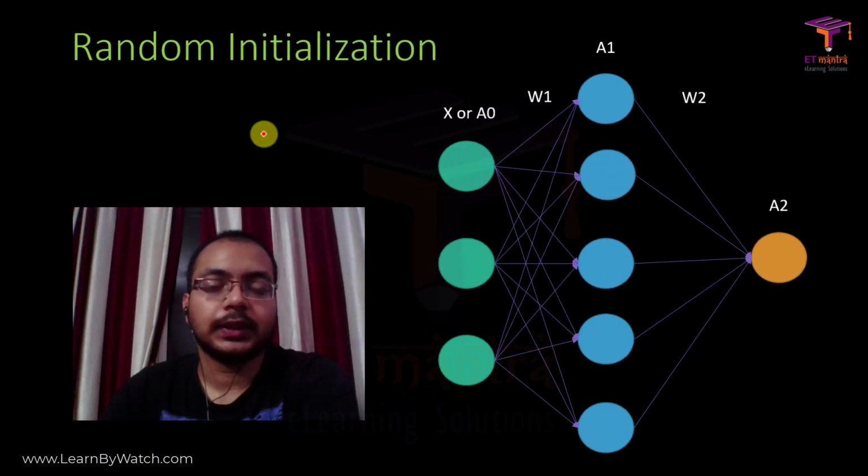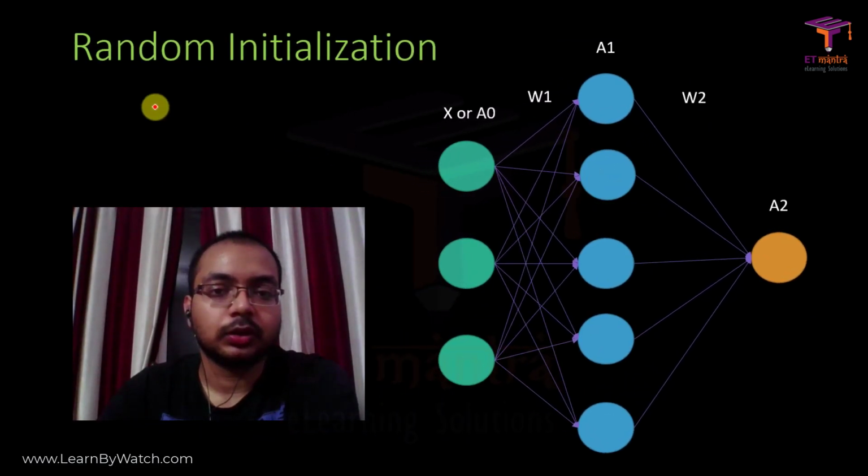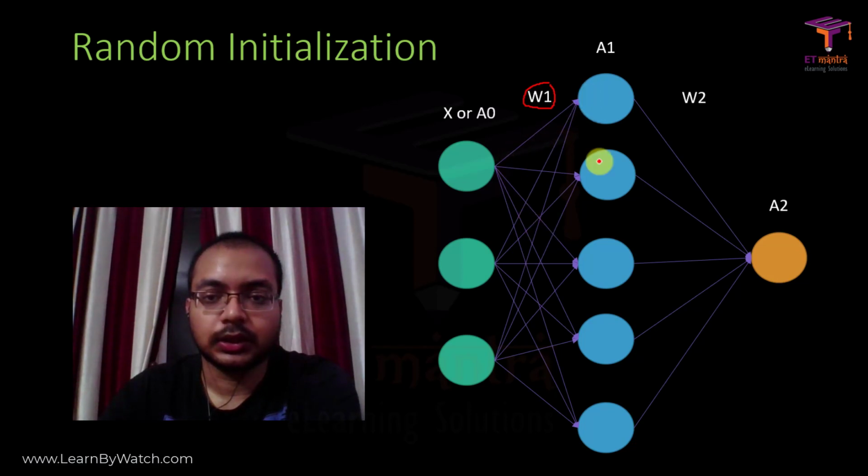Okay. One last thing which is important to know is that while we are initializing this omega or beta, we have to do random initialization, not just assign everything to 0 or everything to a constant value. You can see from this neural network architecture, if each of these arrows, which correspond to the omega, are the same, then there would be no difference between this cell, this cell and this cell.